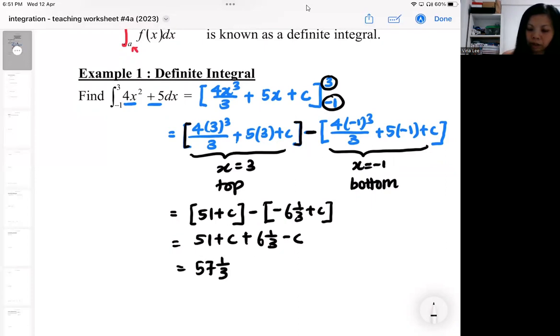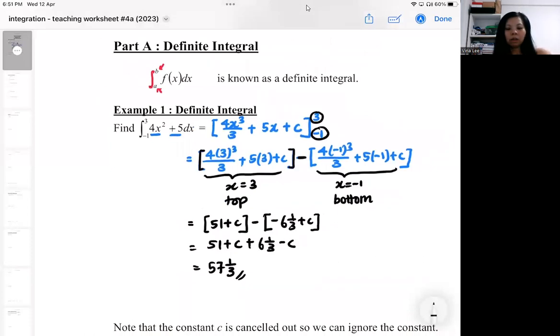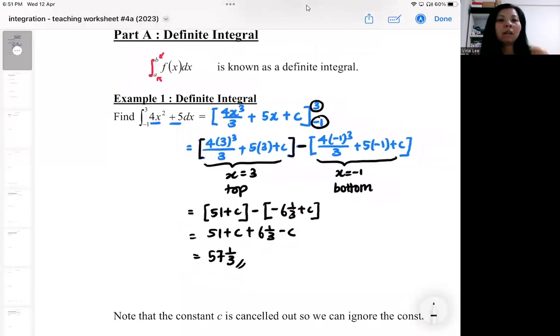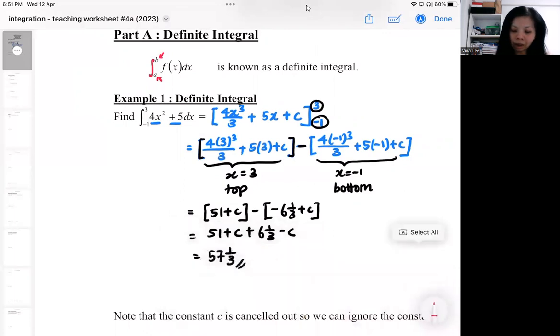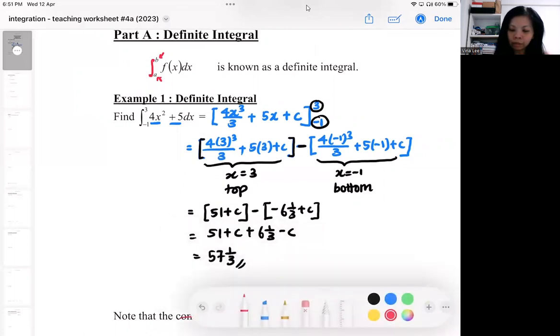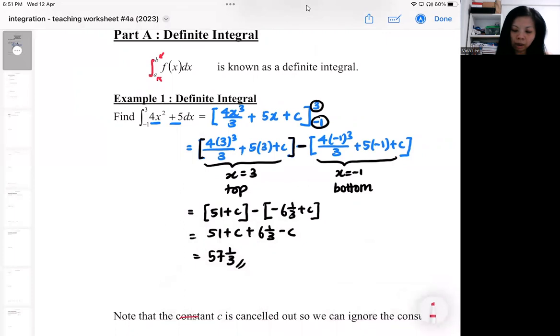So it will be 57 and 1/3. The handling of definite integral will allow you to end off with a number. And if you realize, the constant is actually being cancelled out.